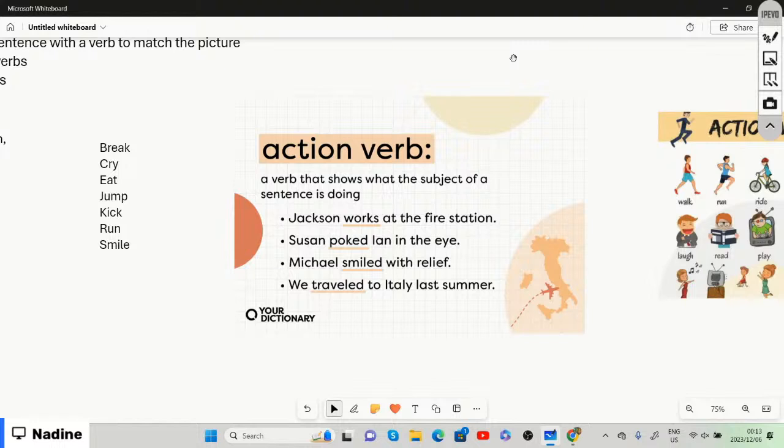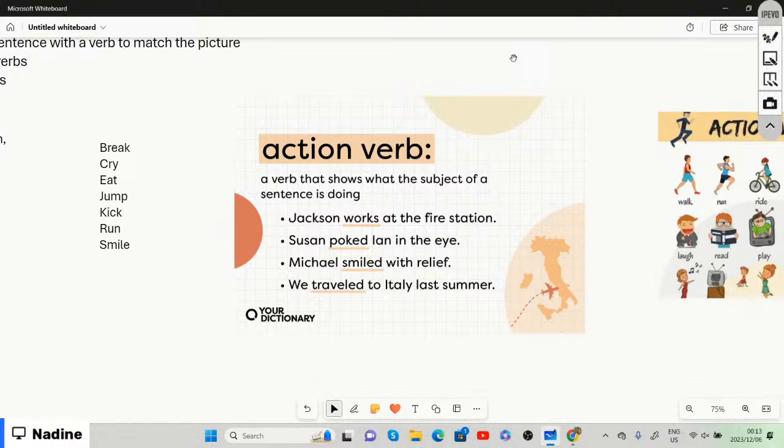All right, so if we look at action verbs, once again, remember we said an action verb tells us what a person, animal, or thing does. An action verb is a verb that shows what the subject of a sentence is doing.